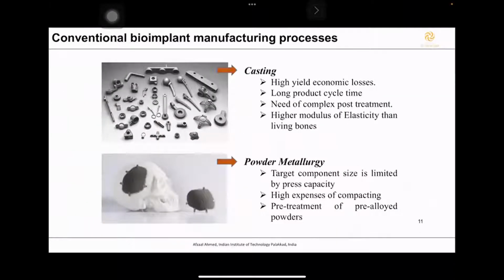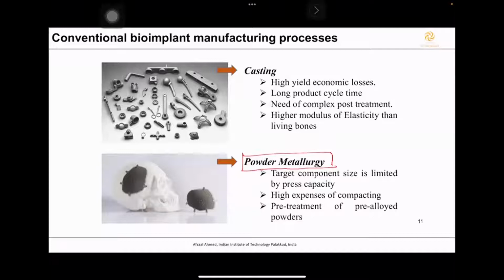Now, if you see here the conventional bioimplants, what are the limitations? As I said before, we make them by casting, and in some cases we use powder metallurgy as well for fabricating such implants. But what are the problems associated with this fabrication process? Basically economic losses, because there are multiple steps involved, right?